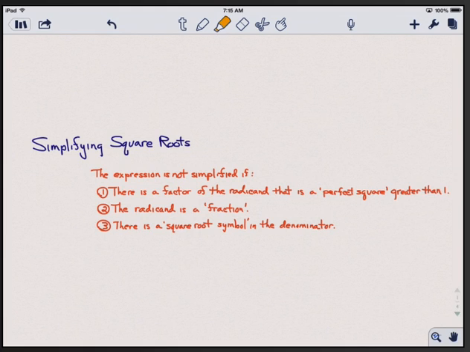Fraction meaning a rational number where the denominator is not equal to 1. And the third possibility for it not being in simplified form is if there is a square root symbol in the denominator. So we'll look at taking care of the first requirement today, getting rid of perfect squares that are factors.